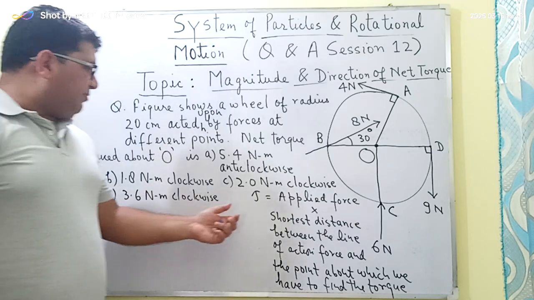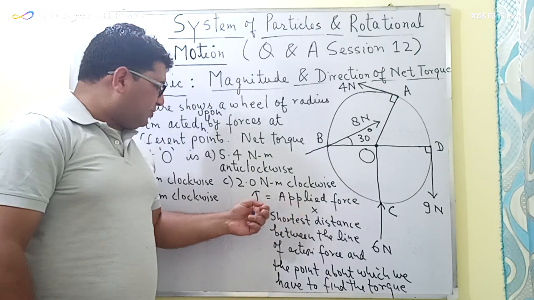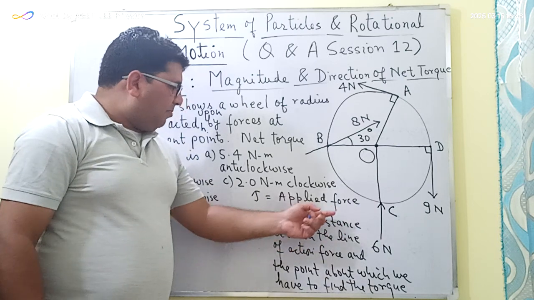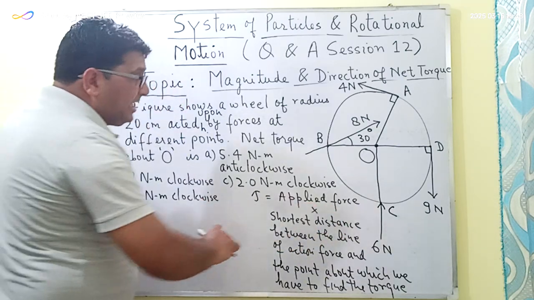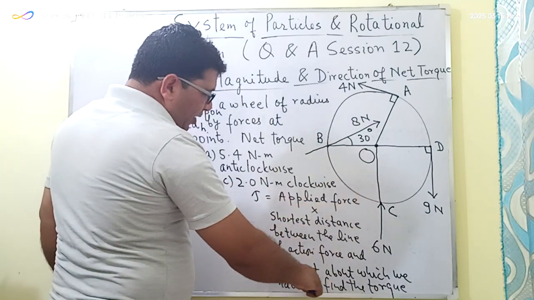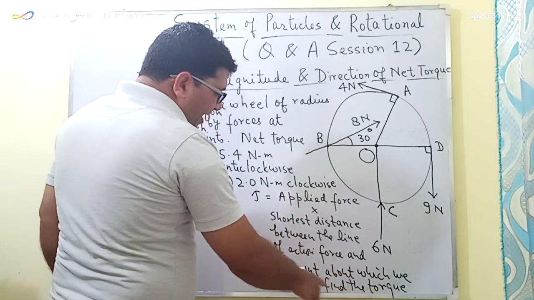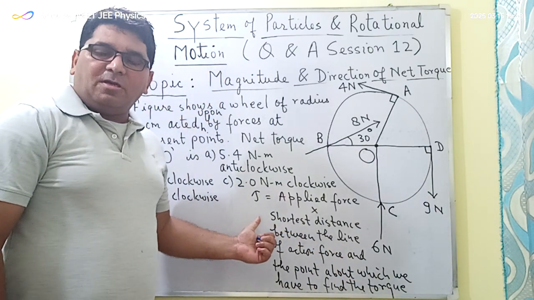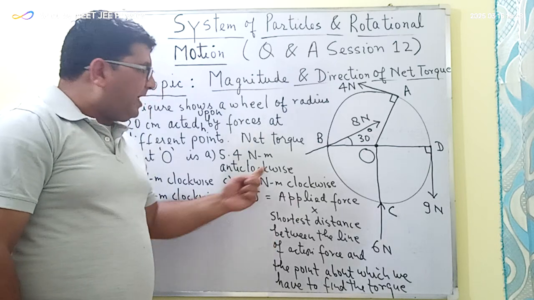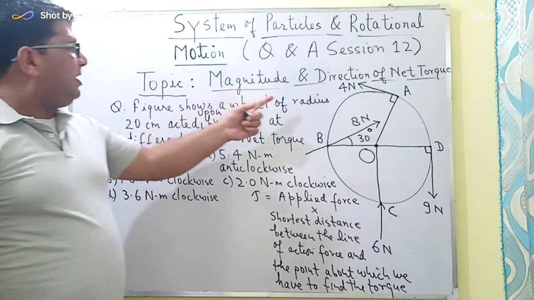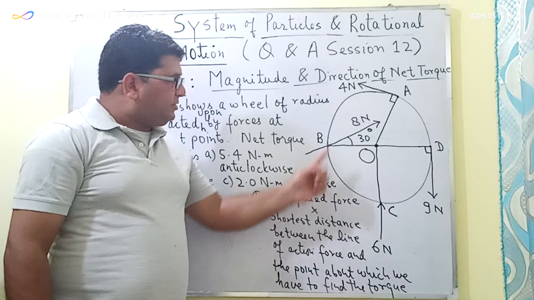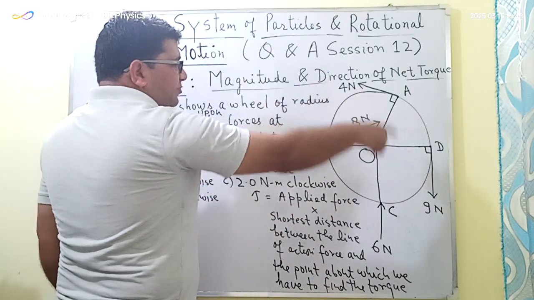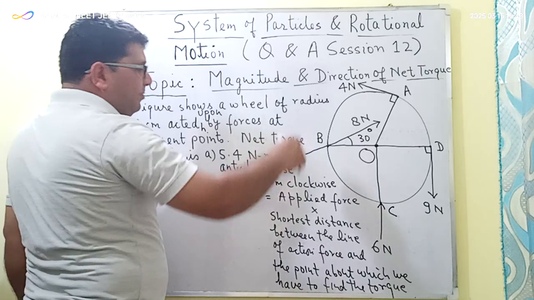By using this definition, we can find the magnitude and the direction of net torque acting on this wheel due to the application of these forces at different points.